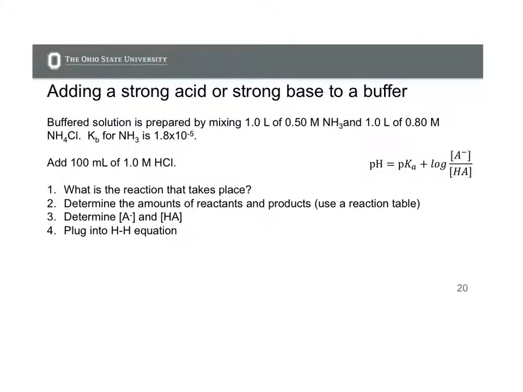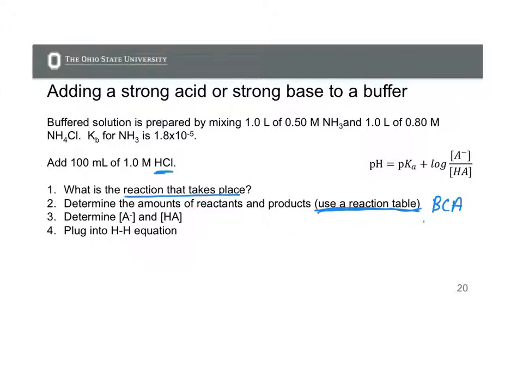Now we're going to add acid to the solution. I want you to think on, this is slide 20, take a look at this and look at what reaction is going to take place. So is ammonia going to react, or is ammonium going to react? Okay, we're adding H+. We are going to end up using a reaction table. Okay, so this is different from the ice table. You may have seen it as BCA table, before, change, after.